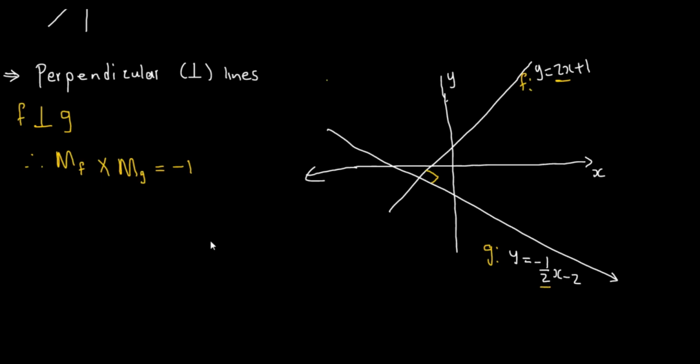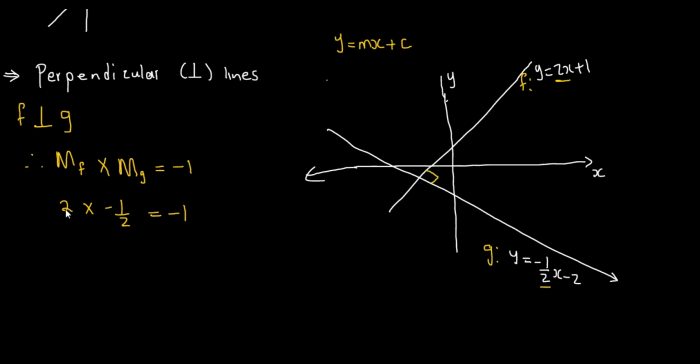So let's try and test that theory. Remember, this is in the form y equals mx plus c. So this is in that form. We can say my gradient for f is 2. Multiply that by the gradient of g, which is minus 1 over 2. And what is this equal to when you punch it on the calculator? You'll find this is minus 1.